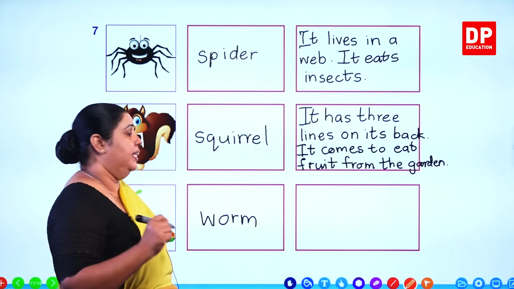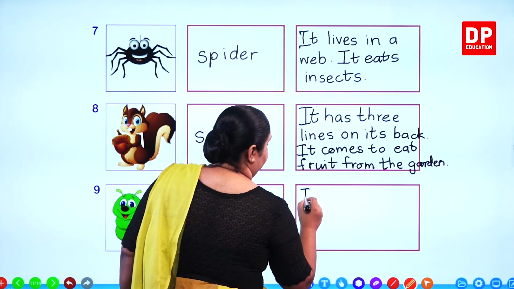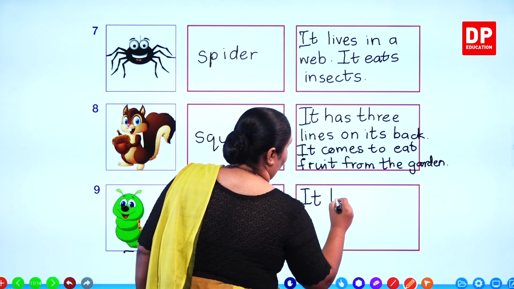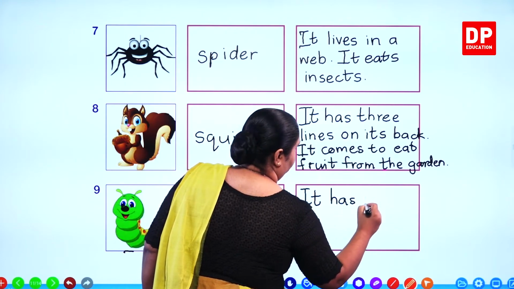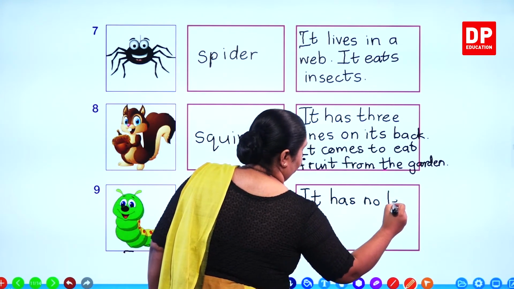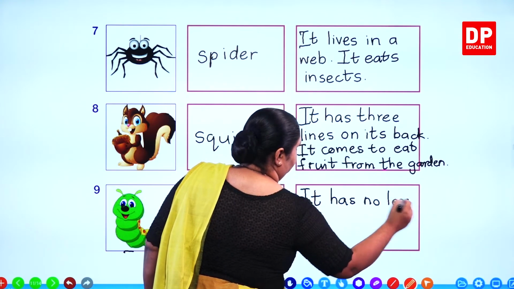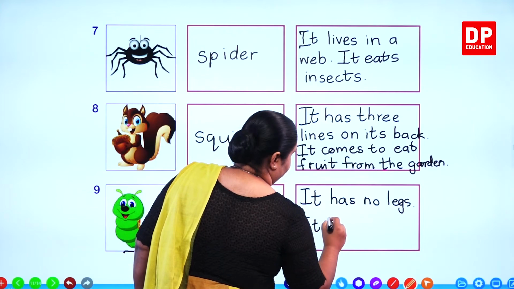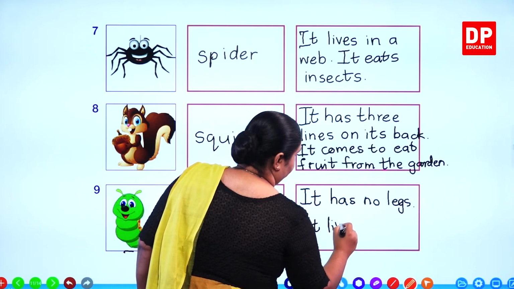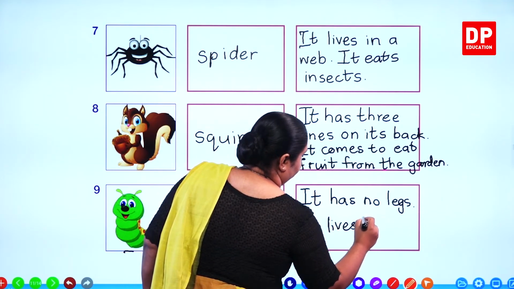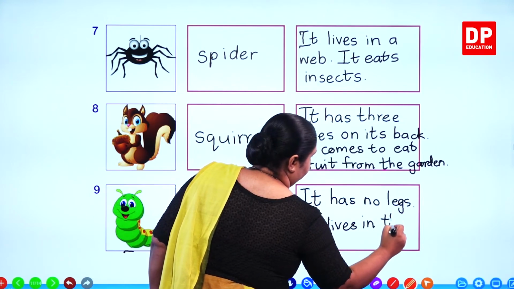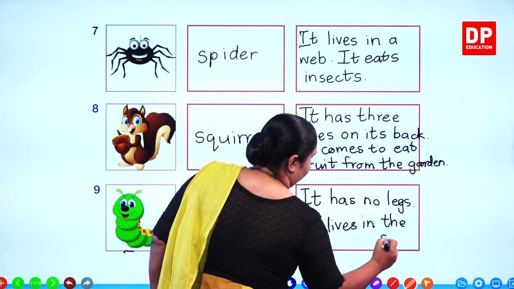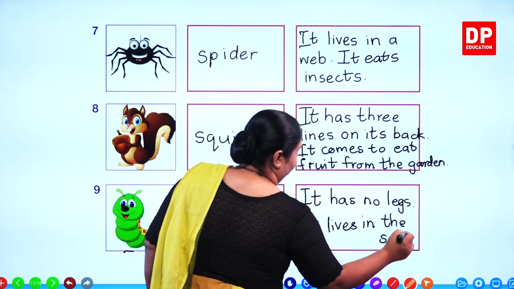Now, how do we write the description? It has no legs. It lives in the soil.